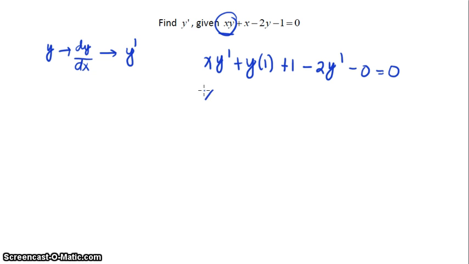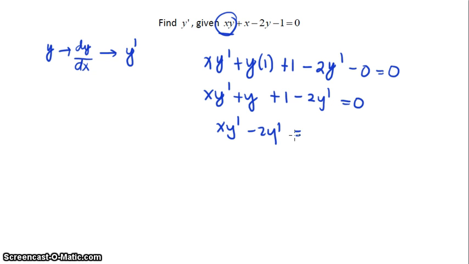And then you simplify, so you have xy prime plus y plus 1 minus 2y prime minus 0 equal to 0. Since we're looking for y prime, you have to isolate the y prime. So xy prime minus 2y prime will be on the left side, and y plus 1 will become minus y minus 1 on the other side.